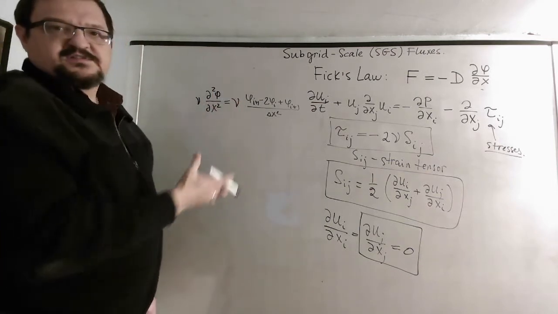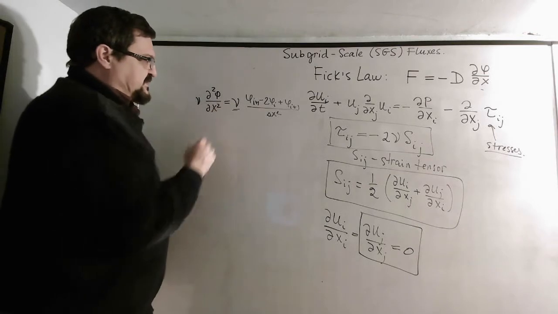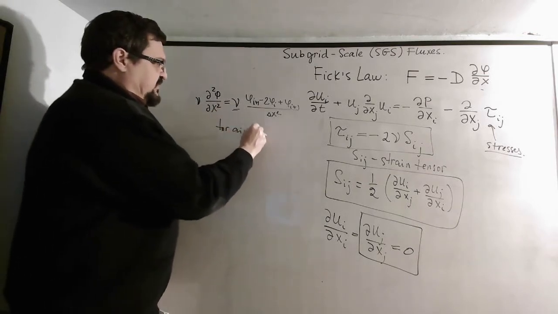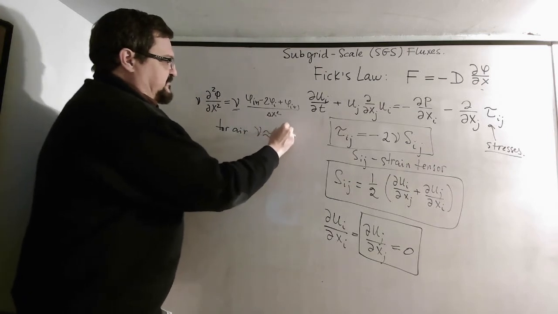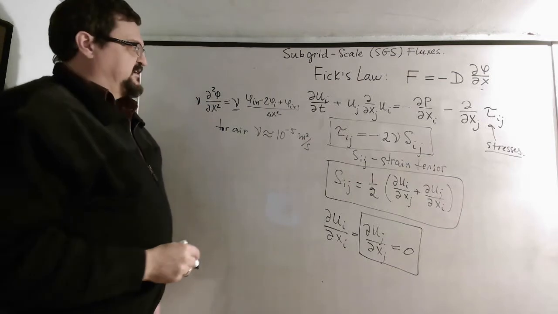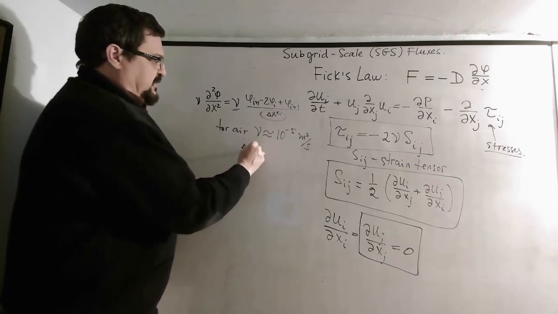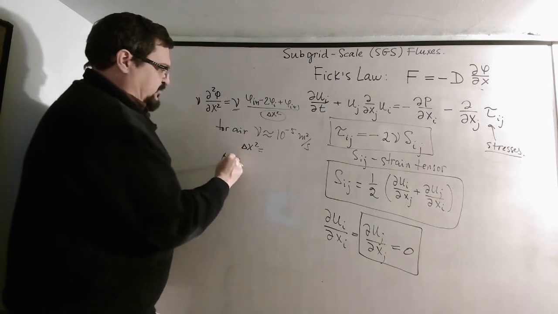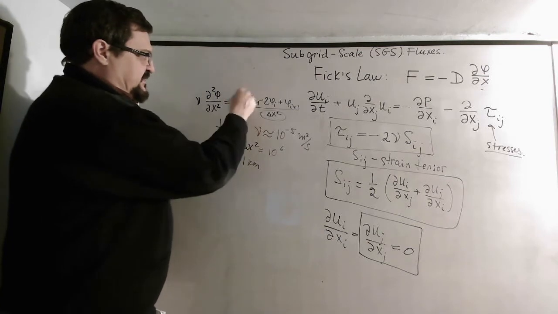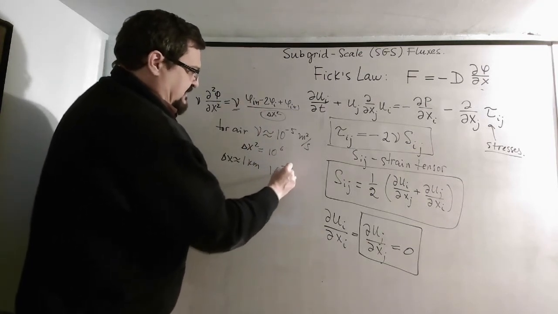So why don't we just use it with this coefficient? The problem is that this coefficient for air, nu, is something in the order of 10 to the minus 5 meters squared per second. It's very tiny. And now it's divided by delta x squared, which for delta x in the order of, say, 1 kilometer, is going to be 10 to the 6. So this thing in front of phi would be 10 to the minus 11.